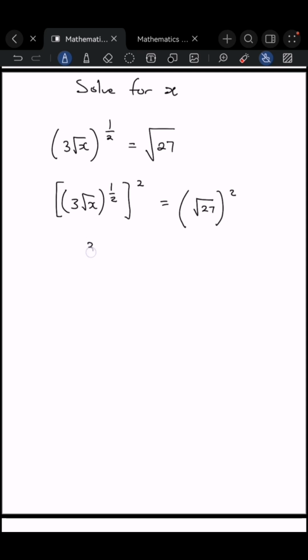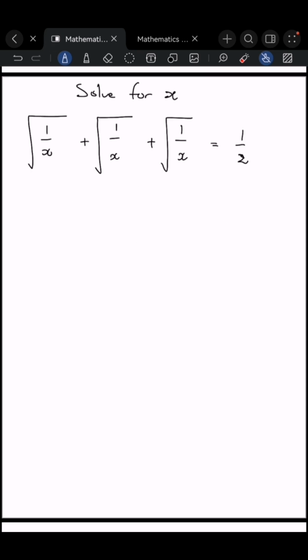What this gives is the cube root of x is equal to 27. Cube root of x is 27. Divide both sides by 3, you get 27. Therefore, you square both sides, is equal to 81. x is equal to 81.